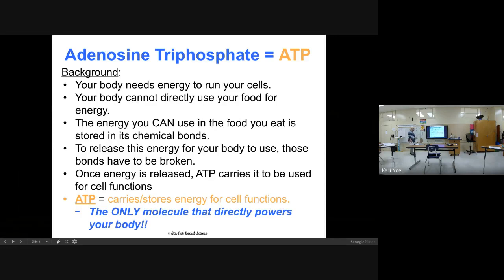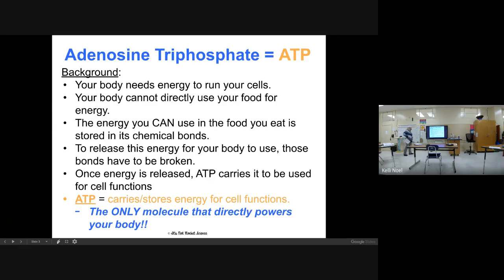And ATP is just the energy that is in the chemical bonds in certain molecules. And so to release this energy, bonds have to be broken. And once the ATP is formed, there's a bond that's going to be broken within that molecule to get that energy. And then it's going to be reused.